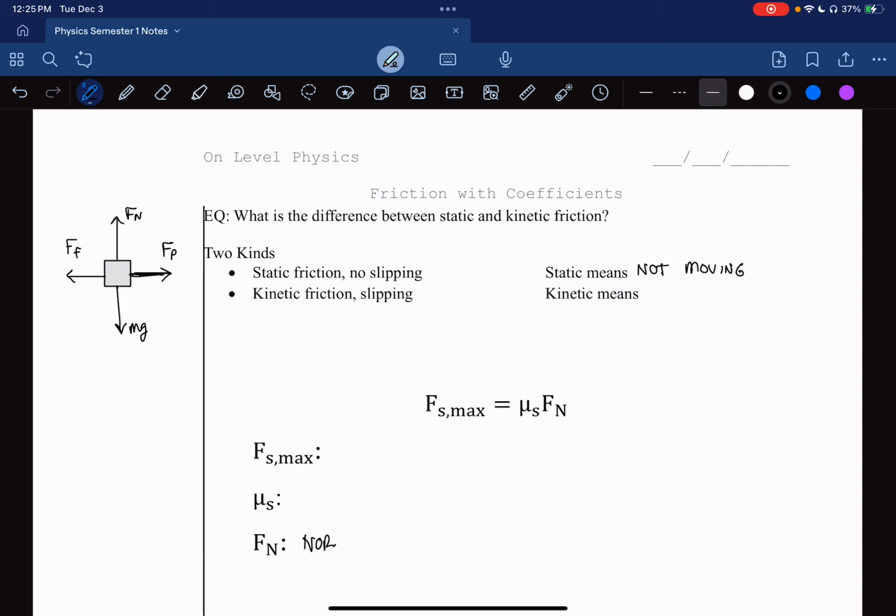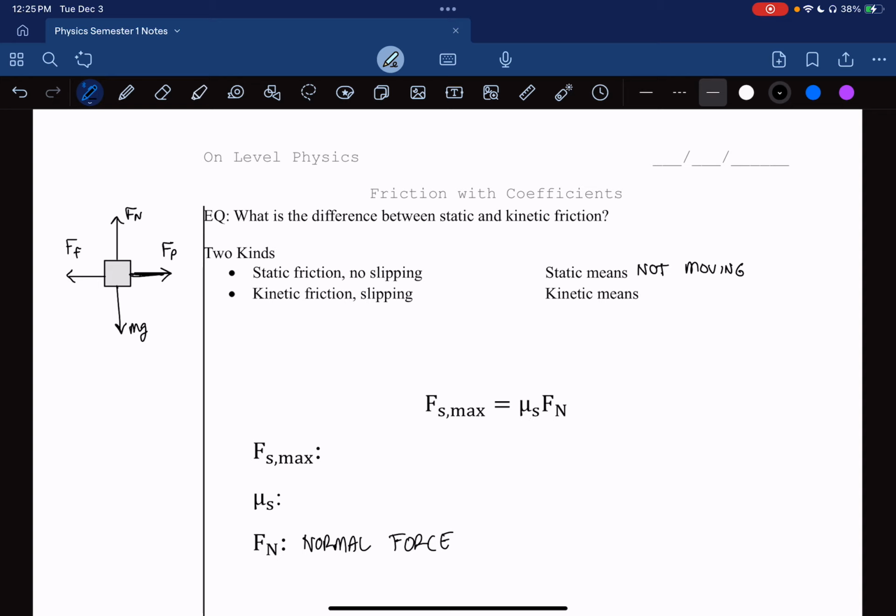Fn is the normal force, which you all know is this force right here, which oftentimes is equal to the weight. So that makes sense. If you're trying to push your fridge, for example, it's got a lot of mass, and so the normal force is very large. That's going to increase the static friction that's there. If you have an object that weighs less, then the normal force will be less, and there will be less friction, and maybe you can push it more easily.